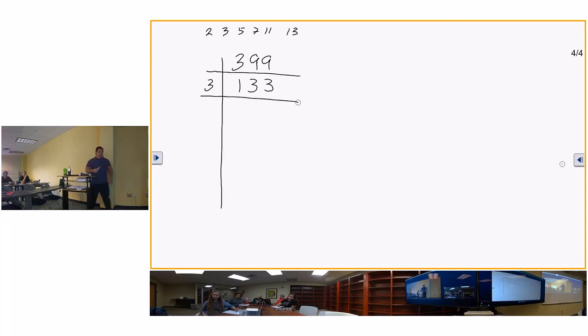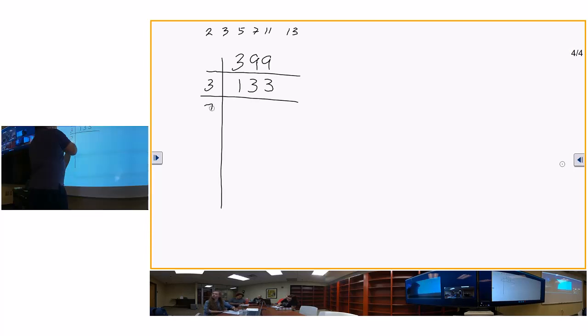So let's try 7. How many times will 7 go into 13? One time. 1 times 7 is 7. That leaves 6. 7 will go into 63. How many times? 9. 7 times 9 is 63, isn't it?